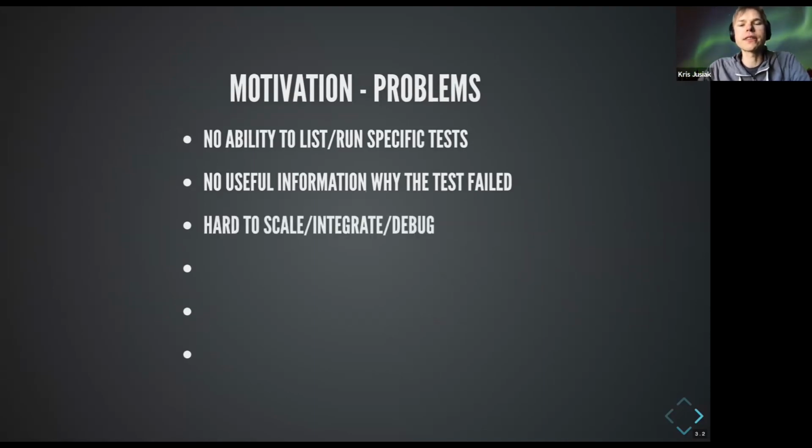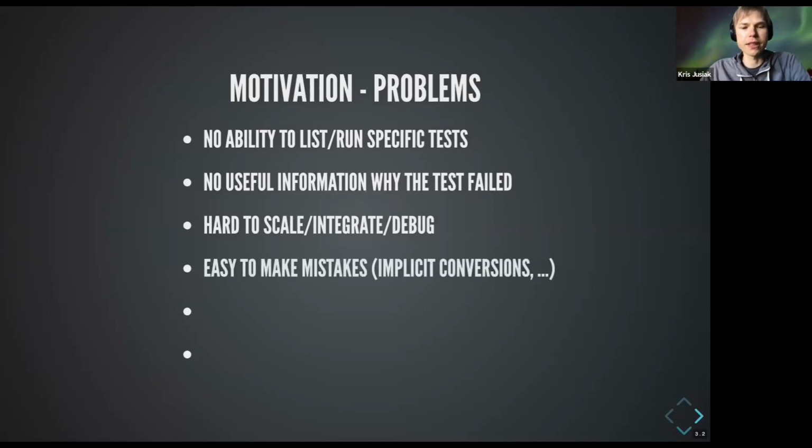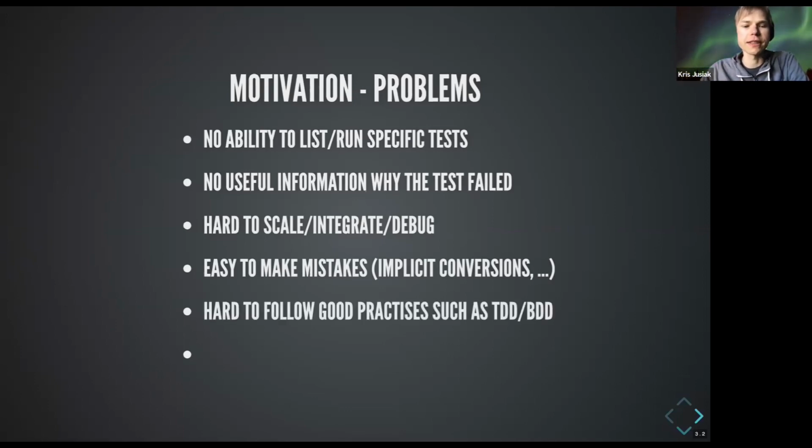It will be hard to scale, integrate, debug. It only works in debug, doesn't work in release. With more tests, all of that would be hard. It will be easy to make mistakes because of, for example, implicit conversions and other things which a framework, so to speak, won't give us.